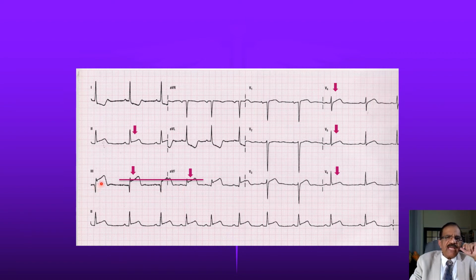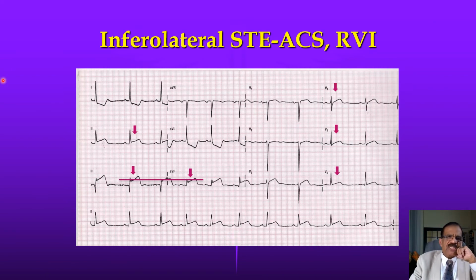You compare ST segment elevation in 3 with the same in lead 2. ST segment elevation in 3 is much more pronounced than in lead 2. This also has some meanings. This means that patient has got inferolateral ST segment elevation, marked infarction or acute coronary syndrome with right ventricular infarction.